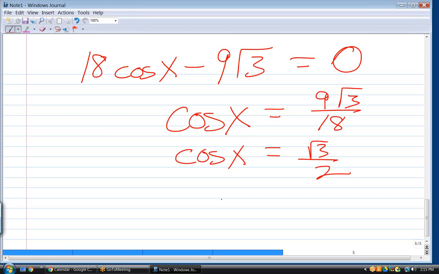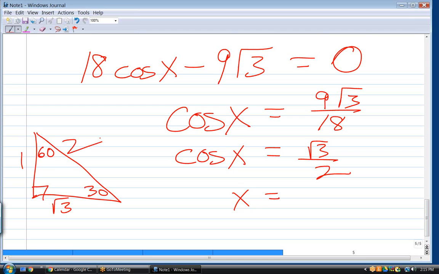In the unit circle, where does that occur? I'll draw the only triangle that matters, the 30-60. Pi over 6. Correct.